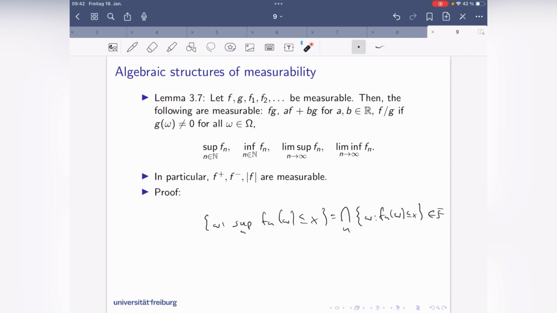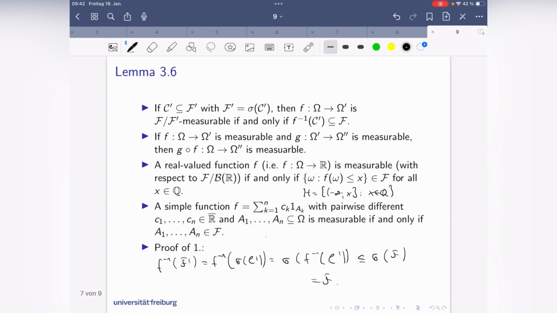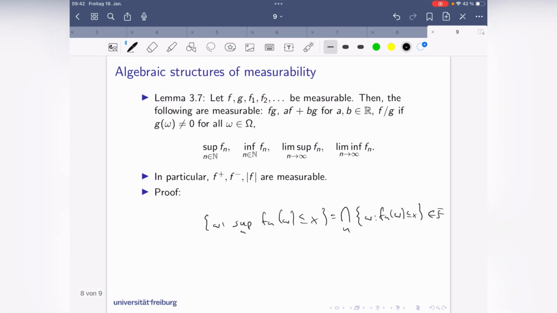First part: I need here that the composition of two measurable functions is measurable, because then I can say I have a function psi of omega, that's the composition of f of omega and g of omega. This here is measurable. Why is it measurable? Because f and g are measurable.